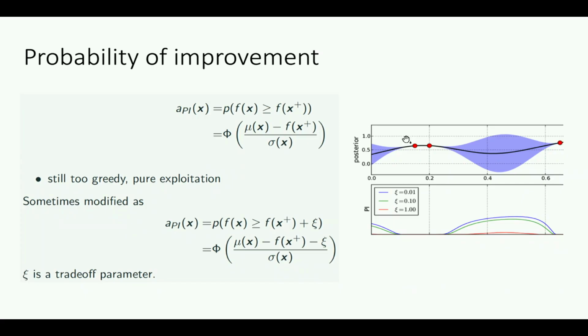If you draw a horizontal line, the probability of improvement is the cumulative probability of the PDF defined locally at that point such that the value will be higher than this x plus point. So this effectively uses both the mean and the variance of the estimation, but it still only cares about improvement, the upside on the value. So it could sometimes be a little bit too greedy.